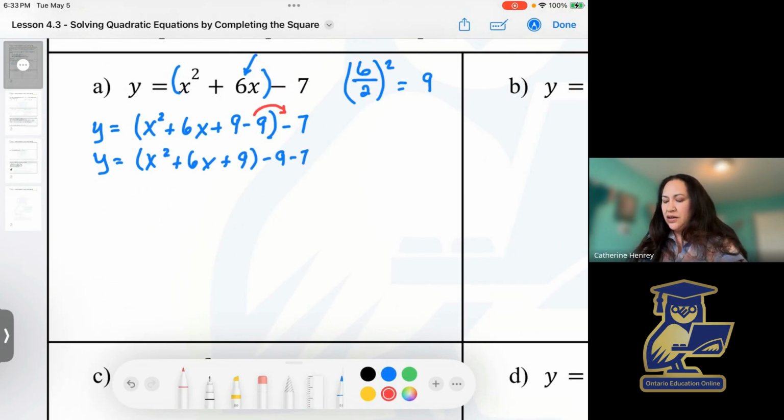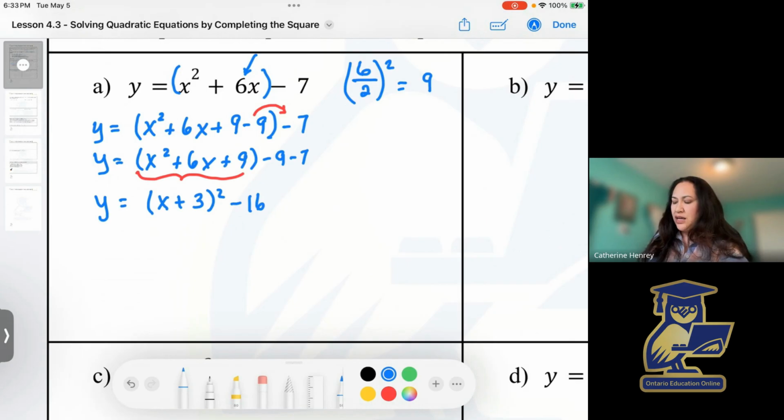What we've done here is we've created a perfect square trinomial. And when we factor a perfect square trinomial, we will get x plus 3 squared minus 16. So we've taken our standard form of the equation and put it into vertex form of a quadratic.